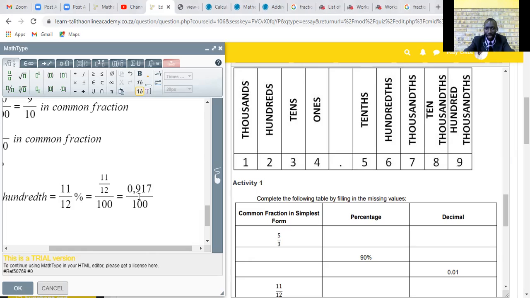The numerator, the way it is, 9 is already after 1 decimal place, and so it is considered a tenth. 1 is already 2 steps after the decimal point, and so it's considered hundredth. And then 7 is the third number after the decimal point, and so it's considered a thousandth. Now, this again is being divided by 100. You see?